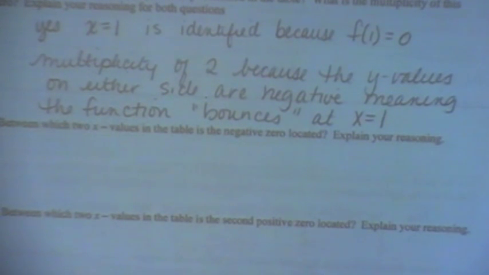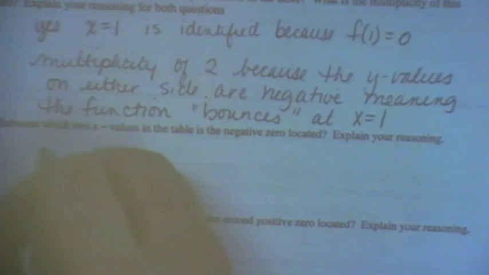Between what two x values is the negative 0 located? Negative 4, negative 1. Somewhere between negative 4 and negative 1.